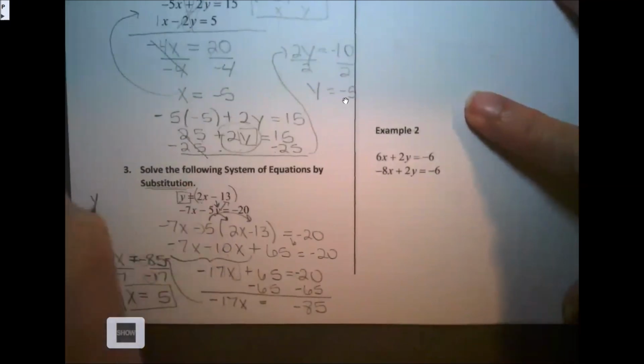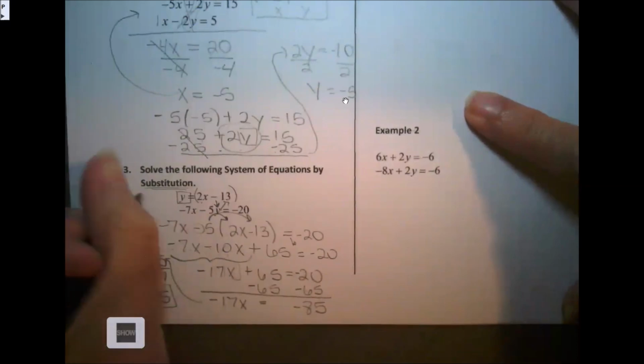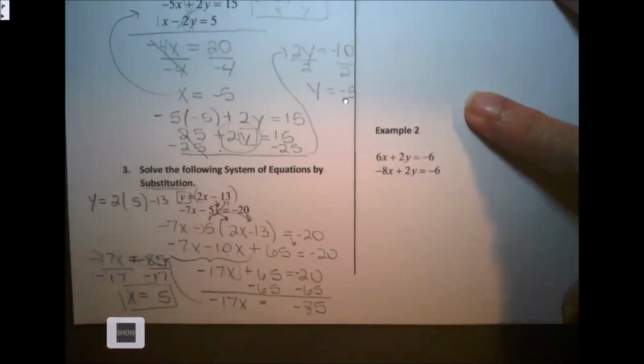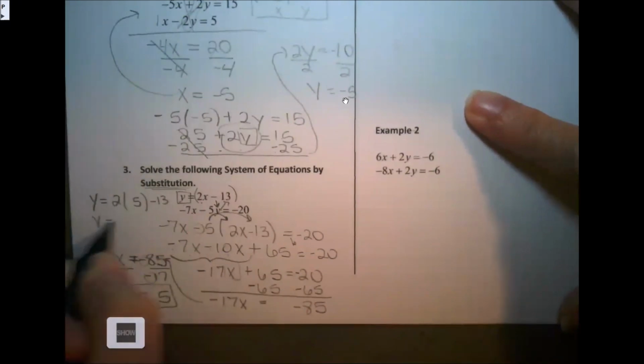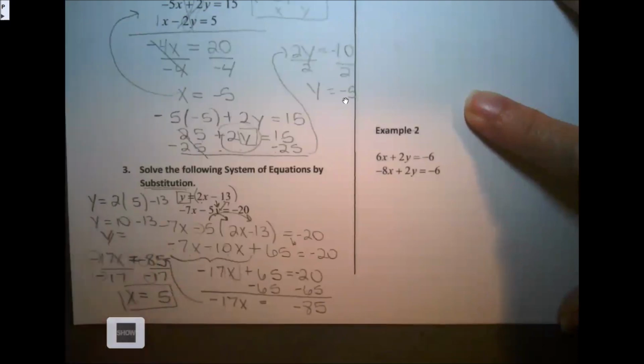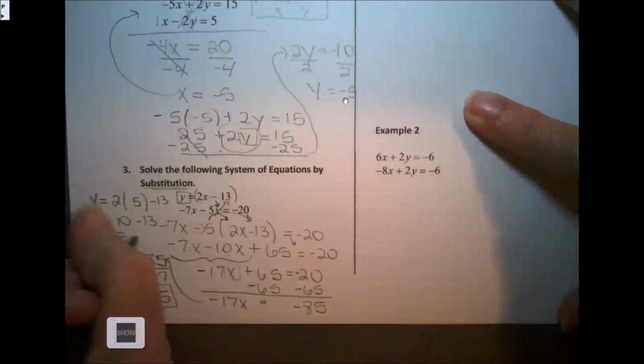So I get y equals 2 times 5 minus 13. 2 times 5 is 10. Bring down your 13. 10 minus 13 gives you a negative 3.